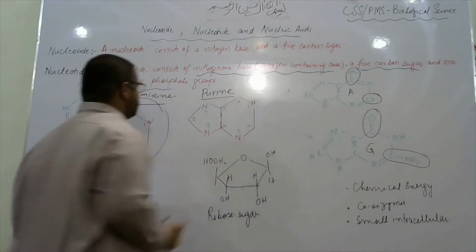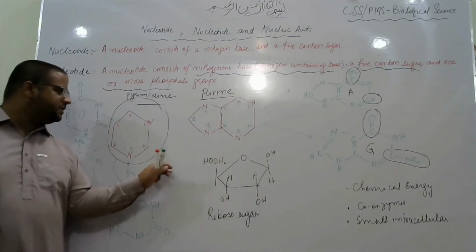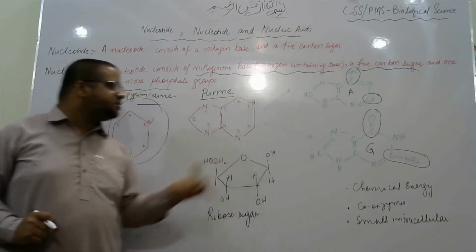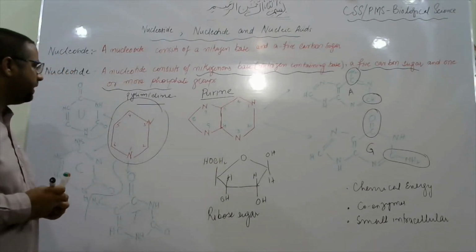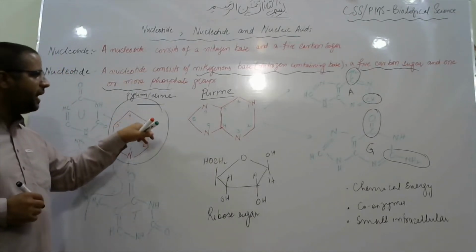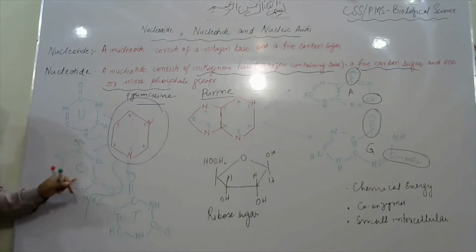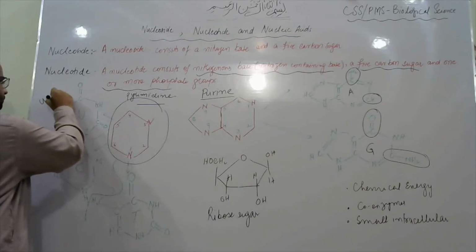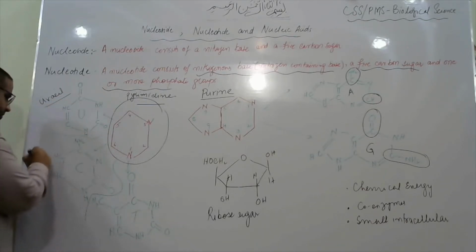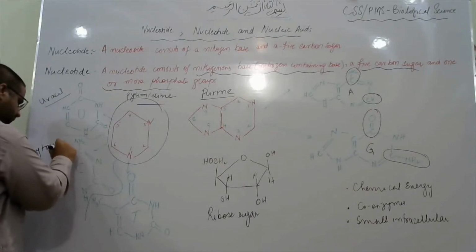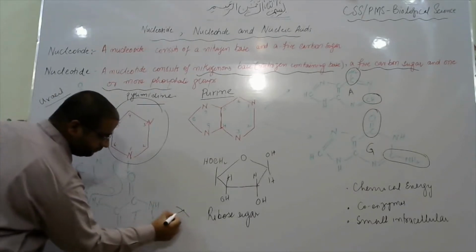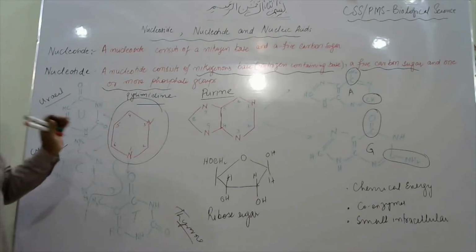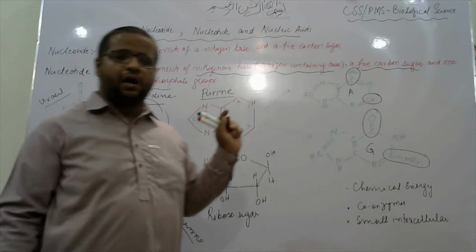This is pyrimidine, which has a single ring structure. This is purine, which has a double ring structure. Pyrimidines are of three types: this one is uracil, this is cytosine, and this is thymine. Purine nitrogen bases are of two types.